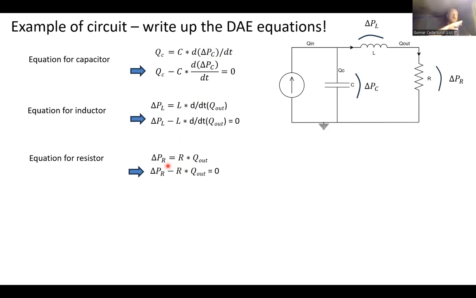So now we have the components. Now we need to bind them together. And we have Kirchhoff's law of voltages, where if we start here and we go in this direction, then here we go against the current, here we go against the current, and here we go with the current. So delta PR and delta PL are with the minus sign, and this is with the plus sign. And notice that we have these ones already here.